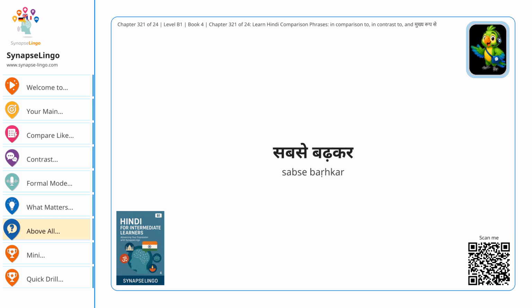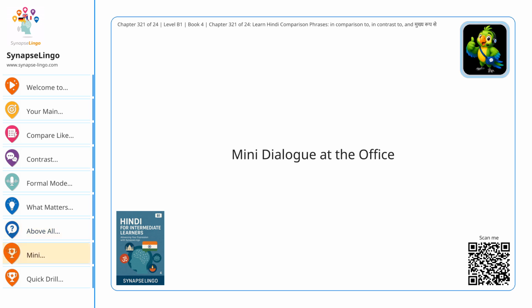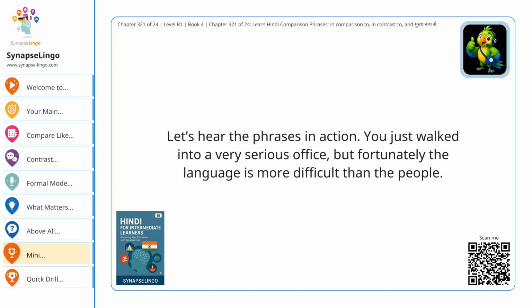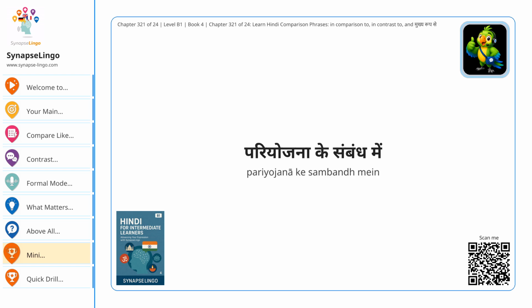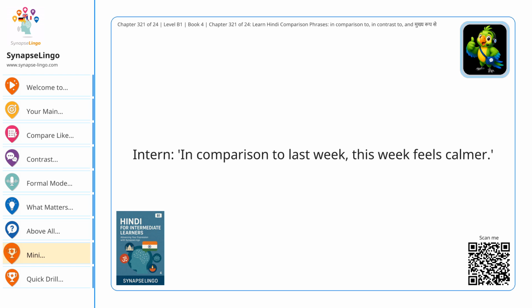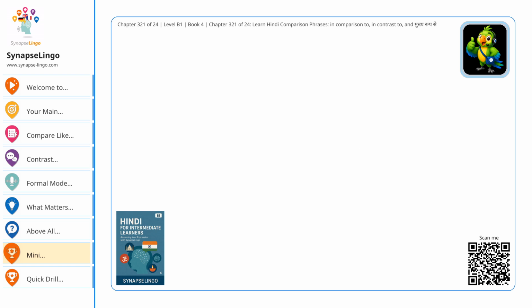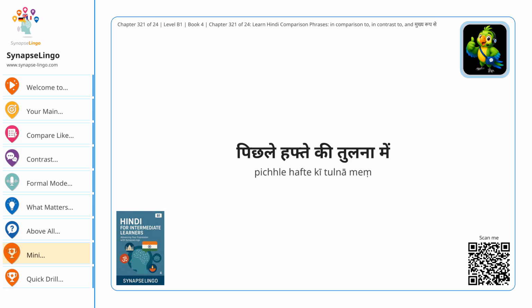सबसे बढ़कर, keep learning. Mini dialogue at the office. Let's hear the phrases in action. You just walked into a very serious office, but fortunately the language is more difficult than the people. Manager: In relation to the project means परियोजना के संबंध में. Please remember that. Intern: In comparison to last week, this week feels calmer. So I can say, पिछले हफ्ते की तुलना में, this week is calmer?